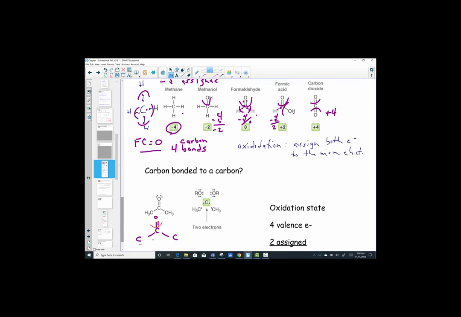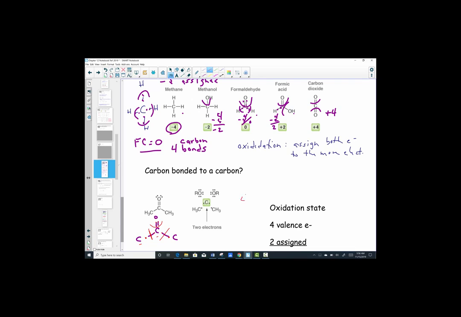But if it's a tie, you're bonded to the same element, one is not more electronegative than the other, they're exactly the same element, that's when you cut the bond in half and you're going to assign 1 electron in each direction. So as we look at how we attack this problem, the carbon at the carbonyl has 2 assigned electrons, and that's it. And that's from cutting the bond in half and assigning the electrons 1 in each direction.